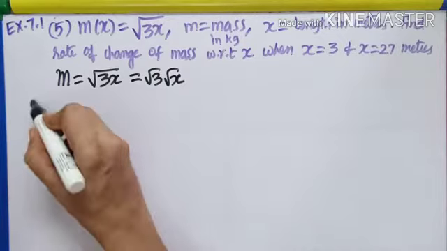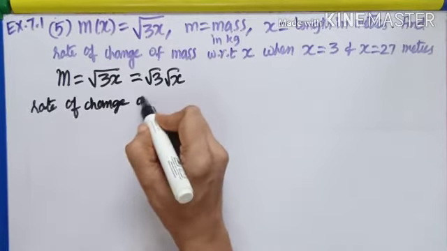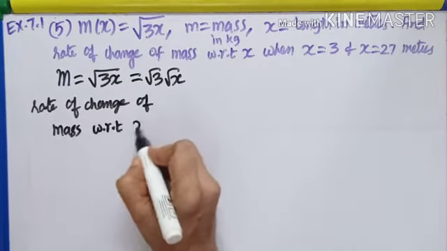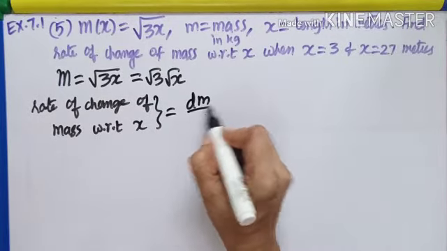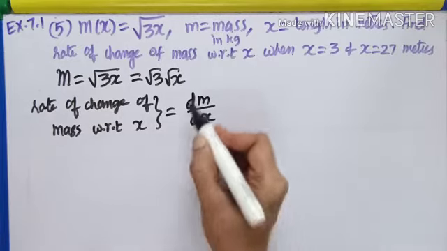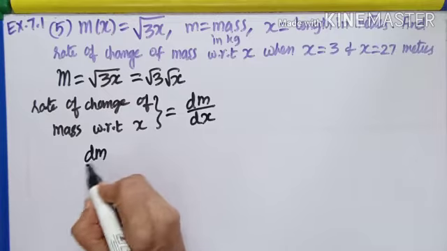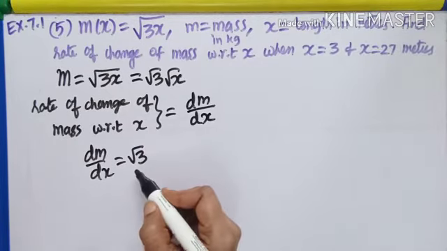The question is the rate of change of mass with respect to x. So the rate of change of mass with respect to x will be dm by dx. That is dm by dx is equal to root 3, the coefficient, keep it as it is.